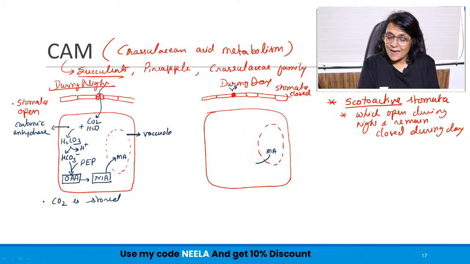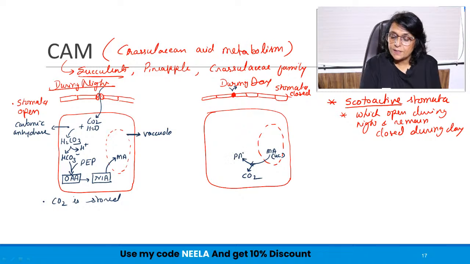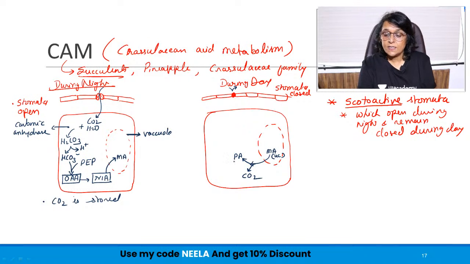Now this malic acid comes out of the vacuole. It dissociates into two parts. It's a 4-carbon compound. It dissociates into carbon dioxide, 1 carbon is released, and pyruvate, which is a 3-carbon compound. This carbon dioxide is used in C3 cycle to fix that carbon dioxide, and glucose will be synthesized.